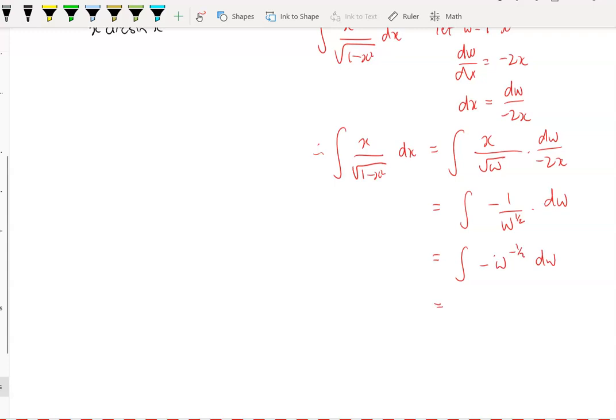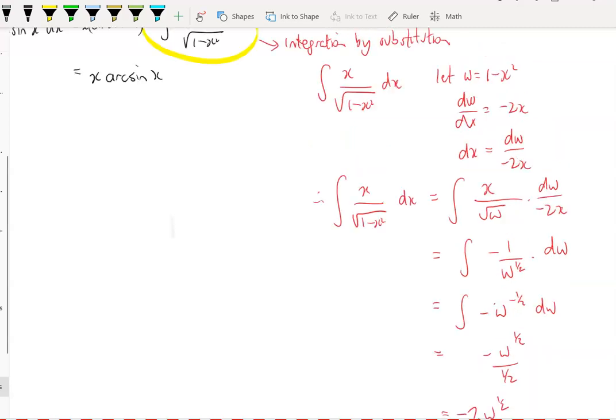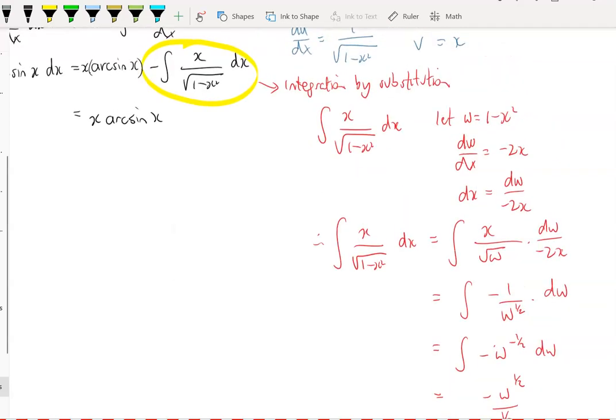So if I do that properly, that's going to be negative w to the positive a half over positive a half, which equals negative 2w to the power of a half. There, we made a mistake. I think I have.